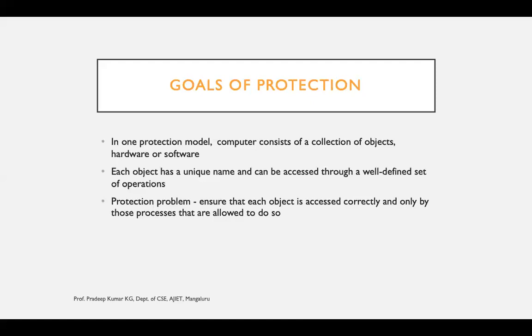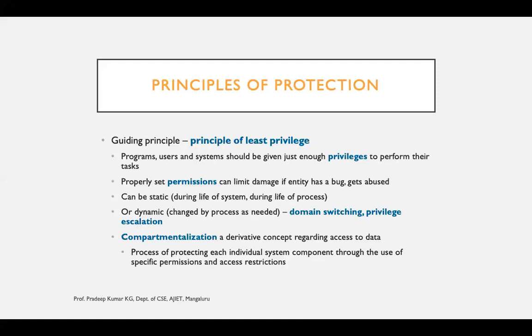As operating system administrators, we are supposed to provide systematic accessibility to avoid these kinds of protection problems, so that data is accessed only by genuine persons and genuine processes. That is the major goal.